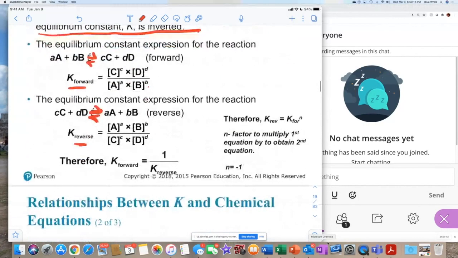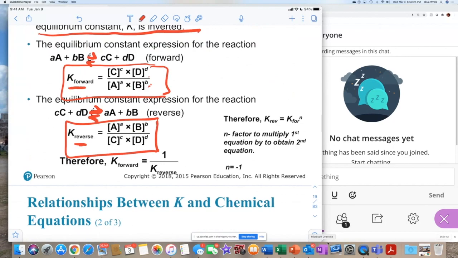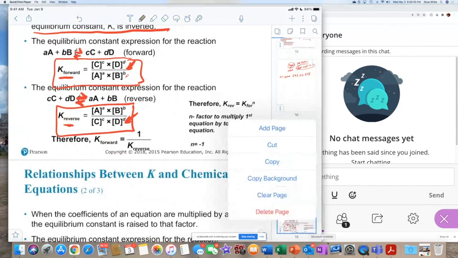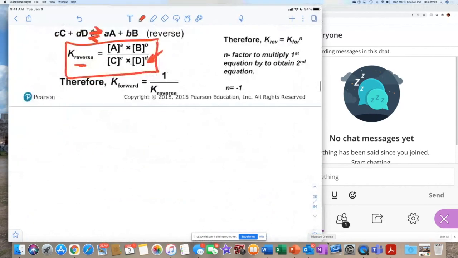Well, the question is: how is the forward reaction equilibrium related to the reverse? If you look at the right side, C raised to the c times D raised to the d is on the bottom down here, but on the top right here. So the bottom equation is pretty much the reversed version of the top equation.